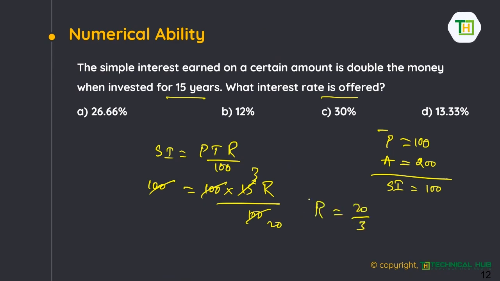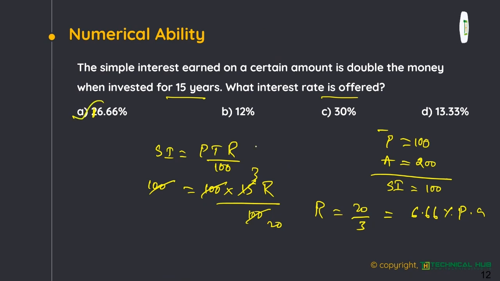That is 6.66 percent. Guys, here it is not 26, this is 6.66. Option A is the right answer.